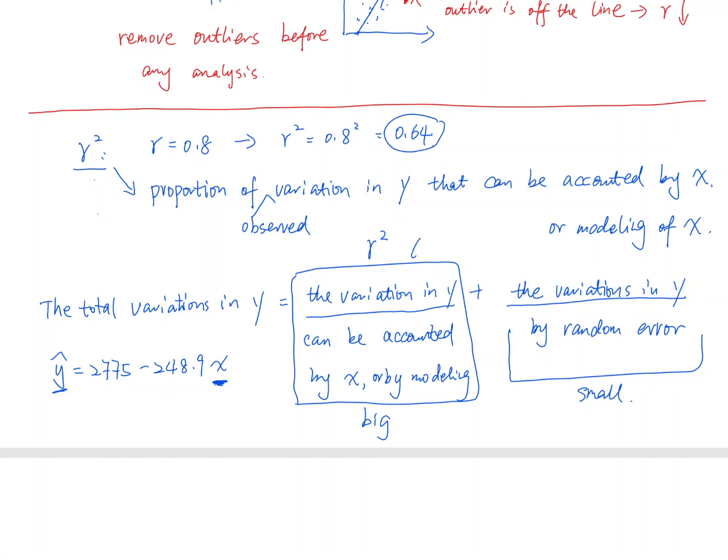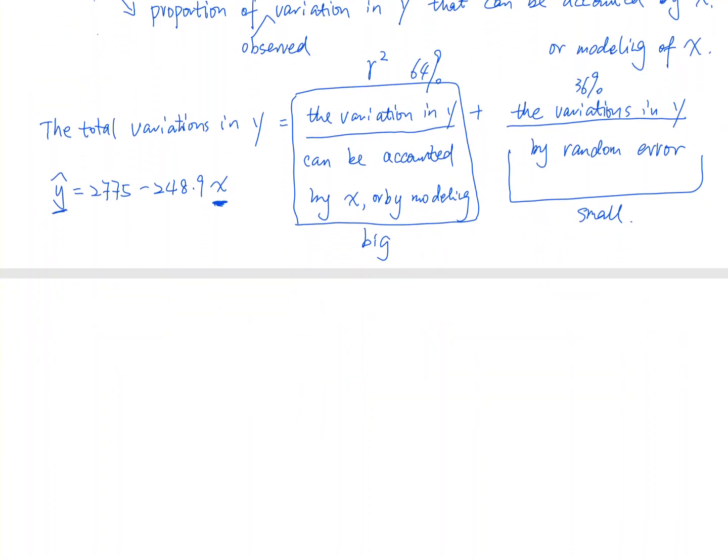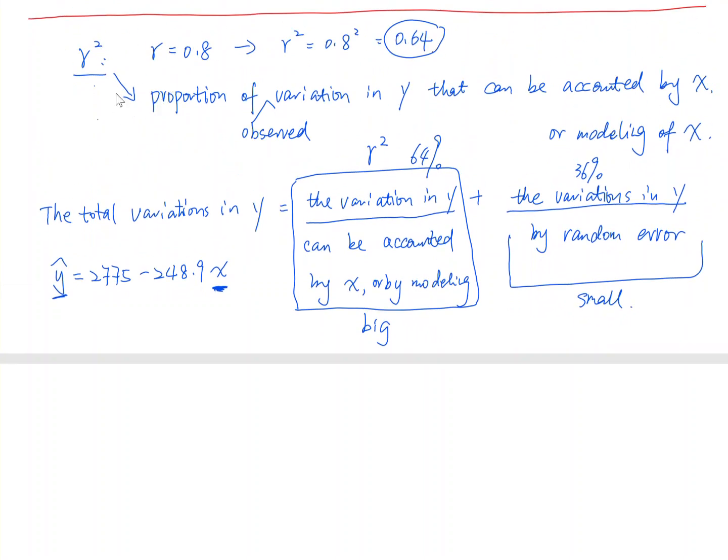It means 64% of the observed variation in y can be accounted for, or modeled, by x. That means the other 36% is just because of the random error, right? So this is the way you interpret the r square.